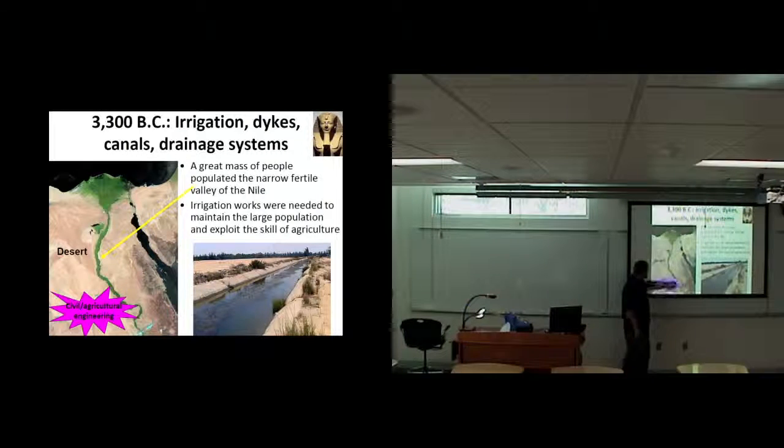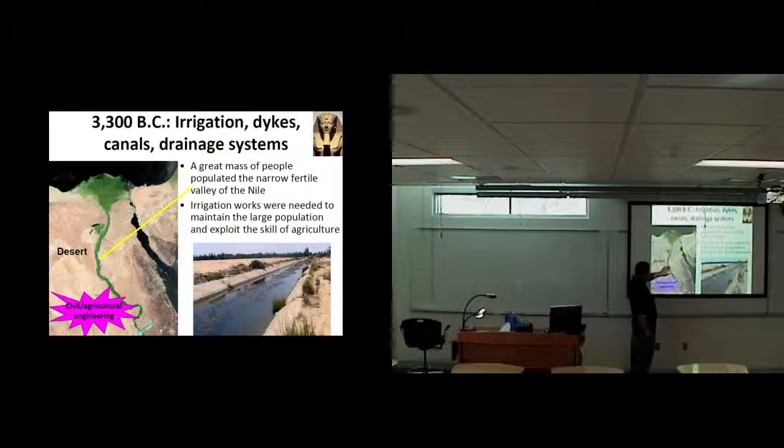Because the problem was that this area down here gets completely flooded once a year. Up here where the headwaters of the Nile are, up in Abyssinia, you have this ton of water coming down out of the mountains. It's from snow and rain, and it just floods this entire area, and everything gets wiped out. Every fence, every house that you put down there just gets totally wiped out. So people stopped living down there and farmed down there.